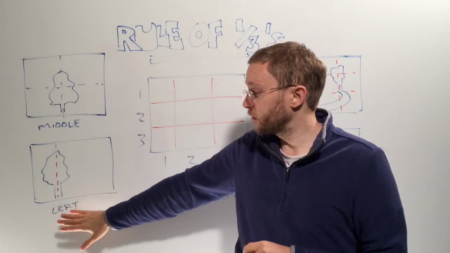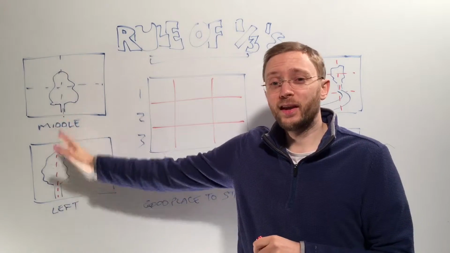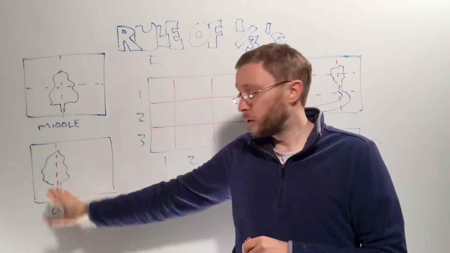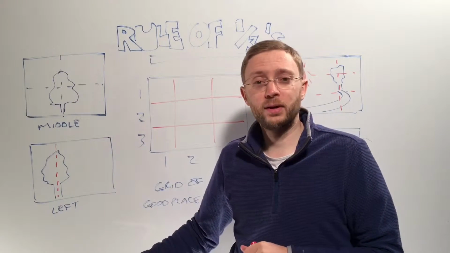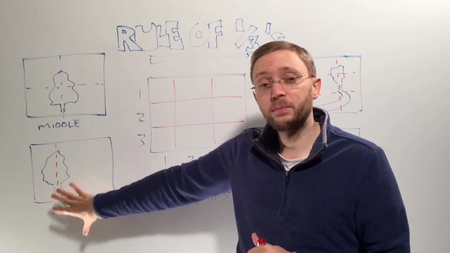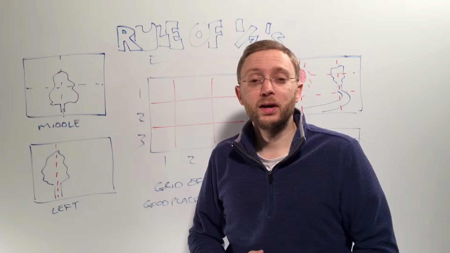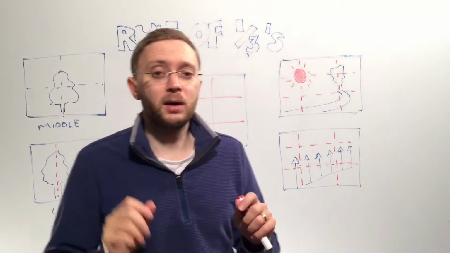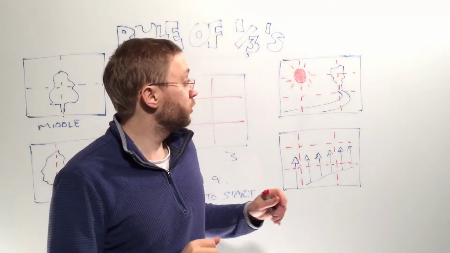So here's an example where the tree now is aligned in the left-hand third. So this one here, and it's aligned along that line, one third from the left of the image, and actually the tree now potentially looks better, and it's a bit more appealing, and creatively it's a bit more dynamic than it was before.